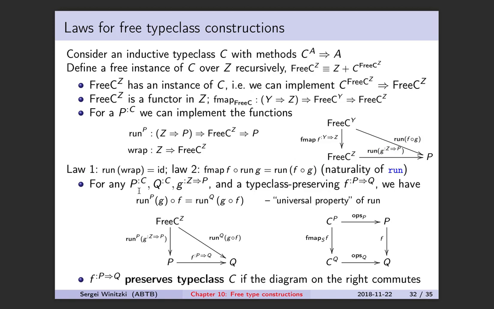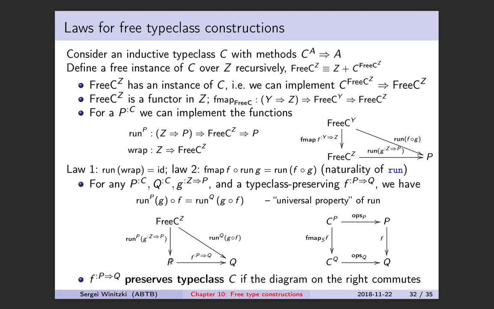So that's what this law specifies. Another important property is the so-called universal property. And this property says that the runner is universal. You only have one runner. So if you have, for example, to run into two different types, then the same runner works for them in a way that is compatible.